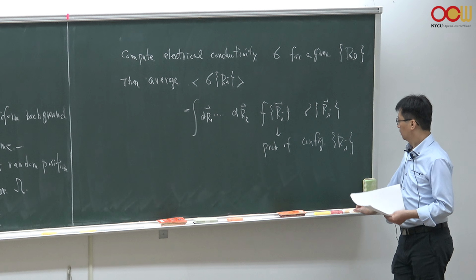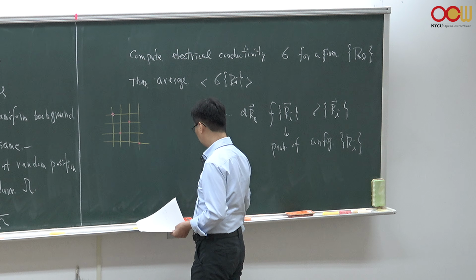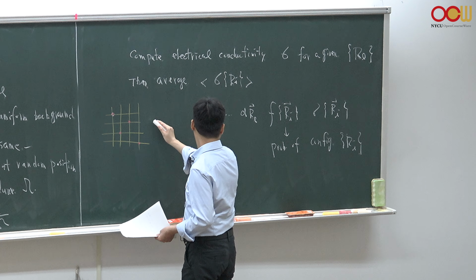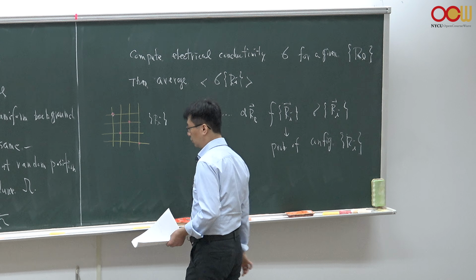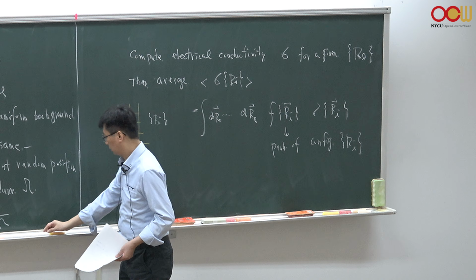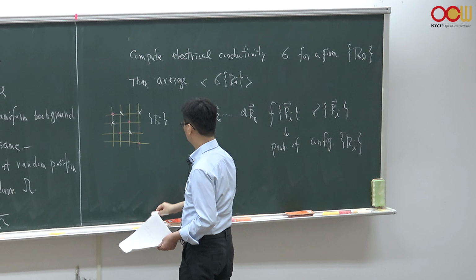Suppose this is one possible way to think about it, and you have many different ways to remove your atoms or ions and form such a configuration. So this is R_i. But I can imagine that I could do it in a different way, like this. We call this R_j.